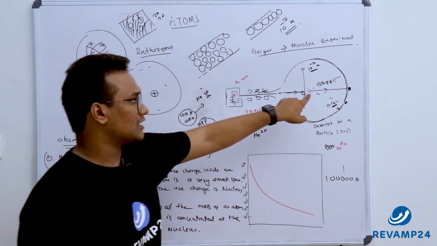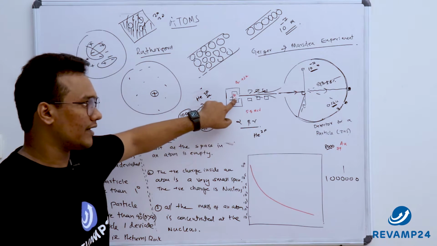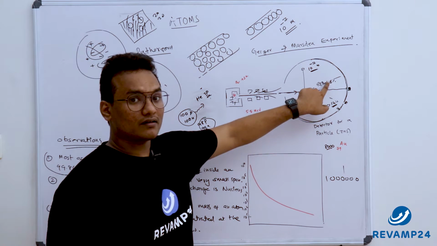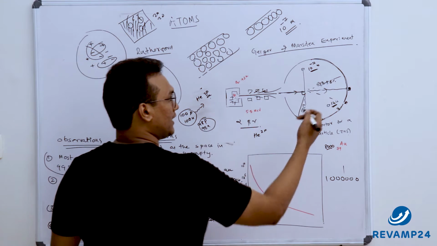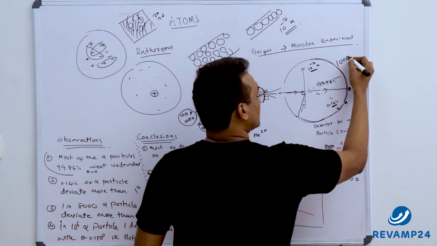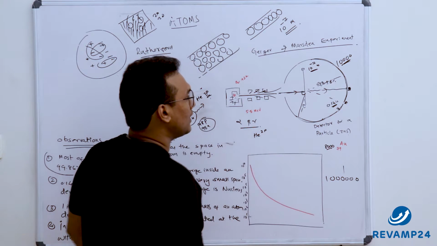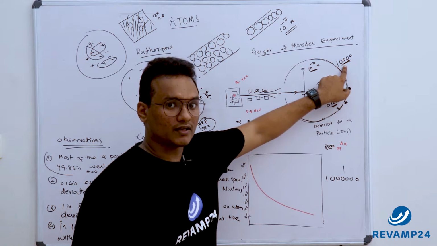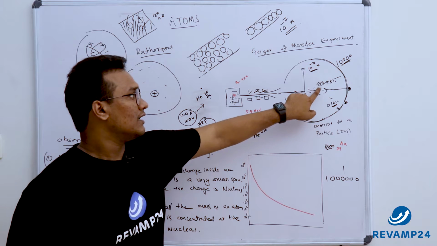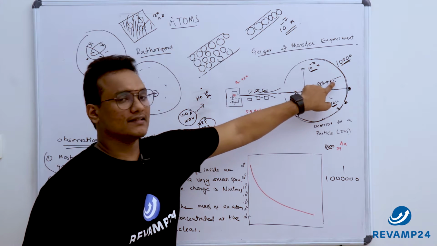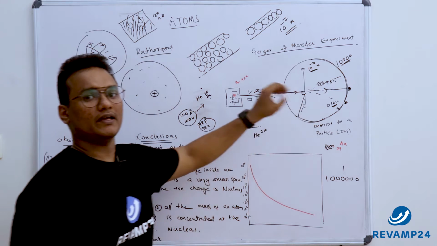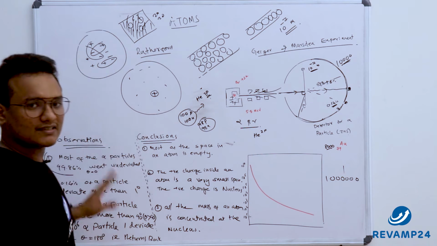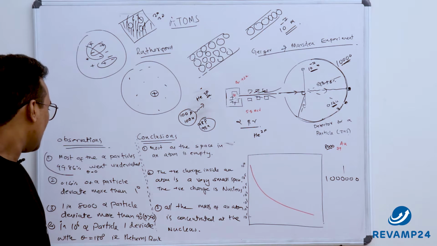But here with this experiment, out of 100, it's not only 90, it's 99.86. Now let me take a value of 10,000. So multiply this by 100. Out of 10,000 alpha particles, how many will go undeviated? 9,986. Only 14 will be deviated by an angle of more than 1 degree. He rejected this, saying it is not correct.